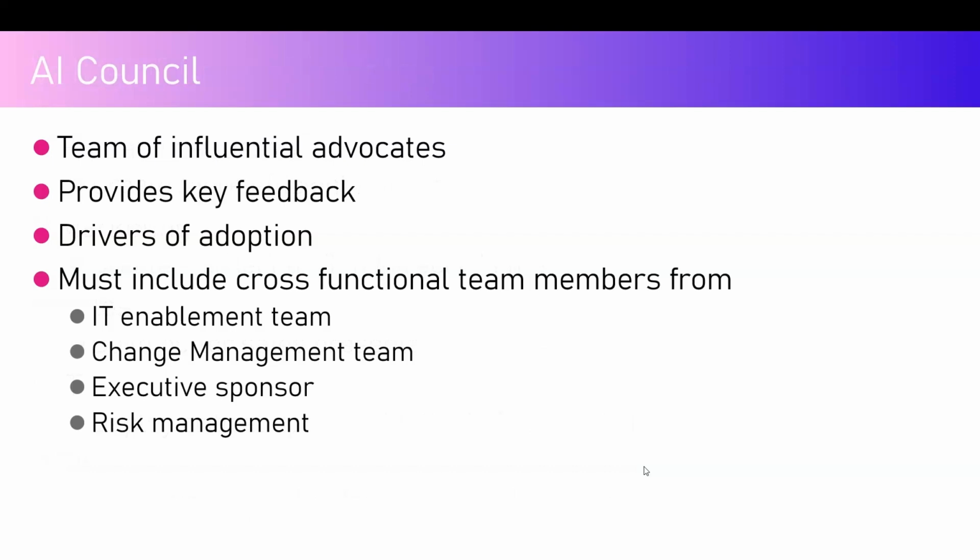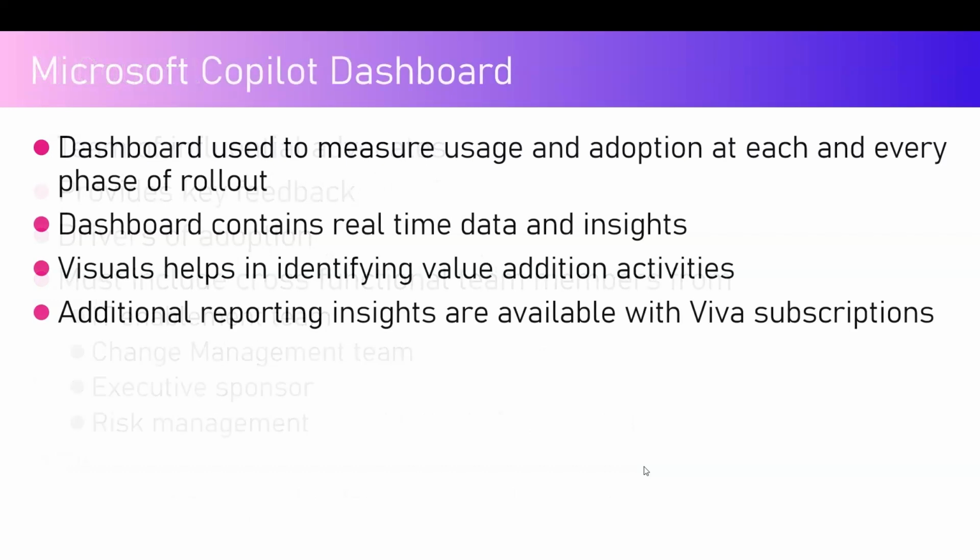They are the main team who will understand how the AI strategy flows within your organization and how it should be adoptable, and the technology needs to be democratized within your various functional teams. Now it should include cross functional team members from change management, executive sponsor, risk management, and IT enablement team, because all these team members will act as a hinge towards a successful implementation.